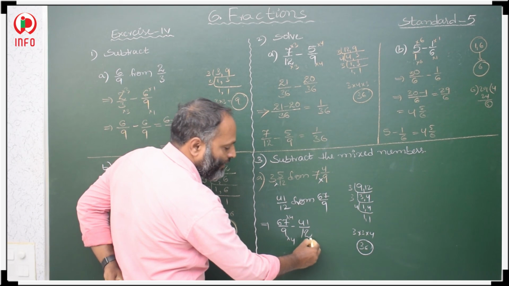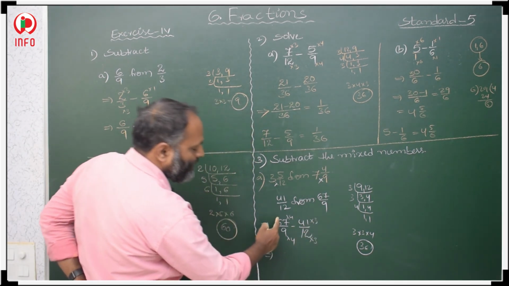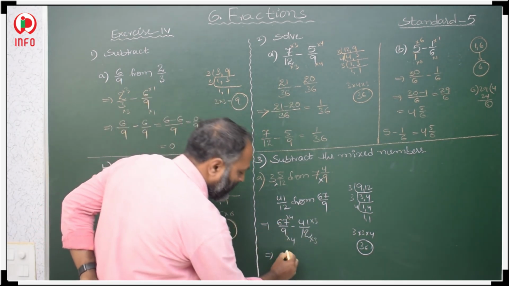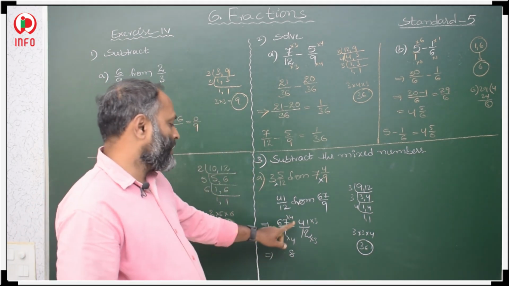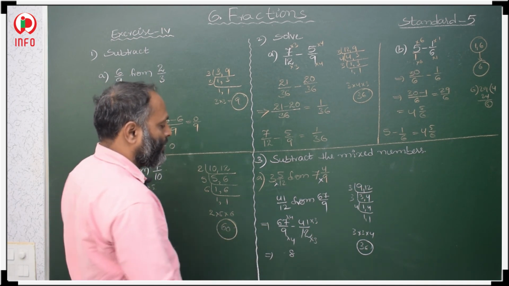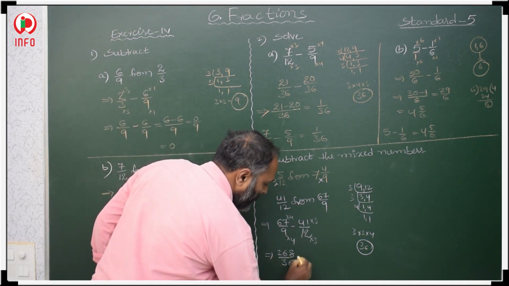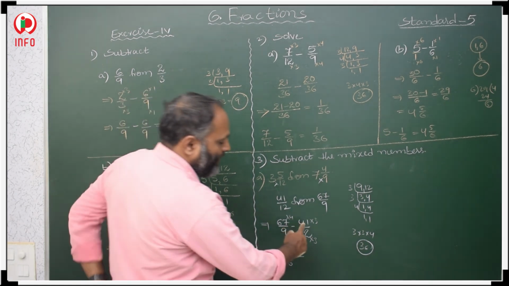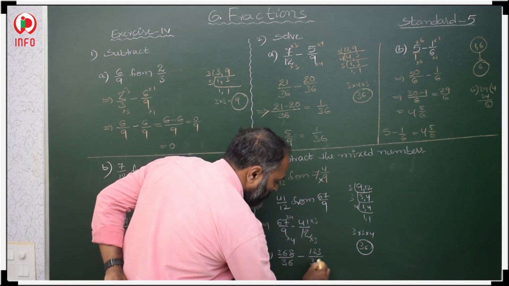In the 12 table, when will you get 36? 3s are 36. 67 4s are 268 by 36, minus 41 3s are 123 by 36.